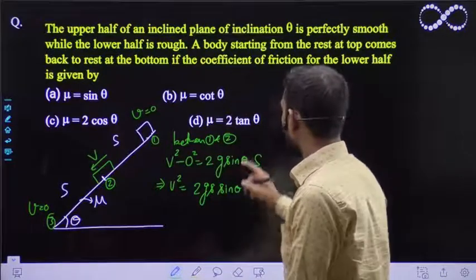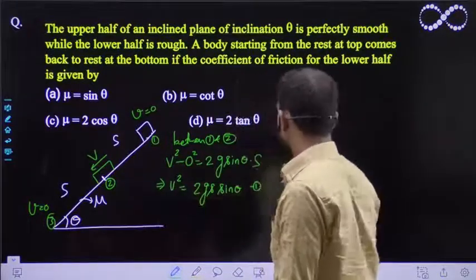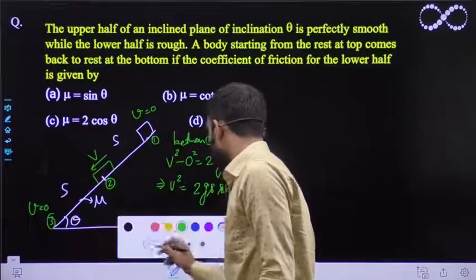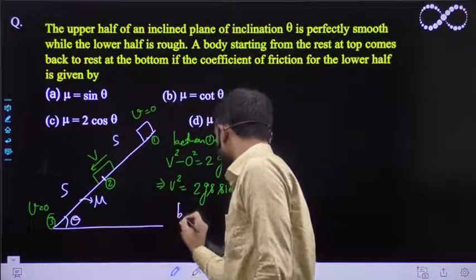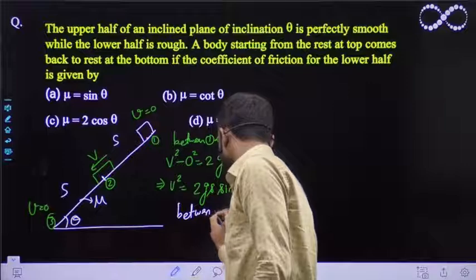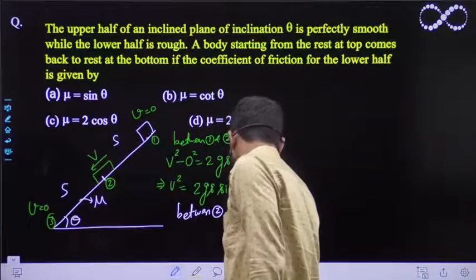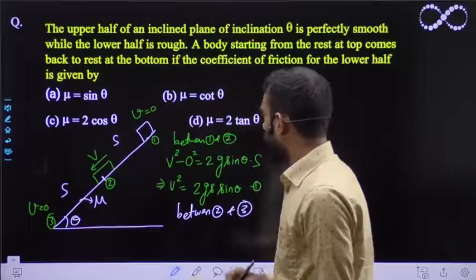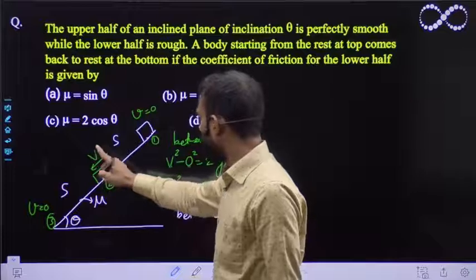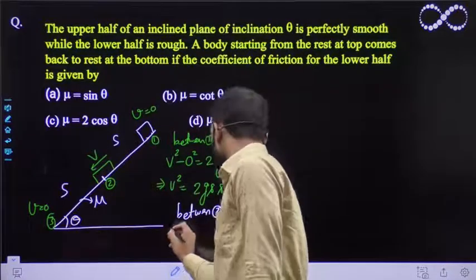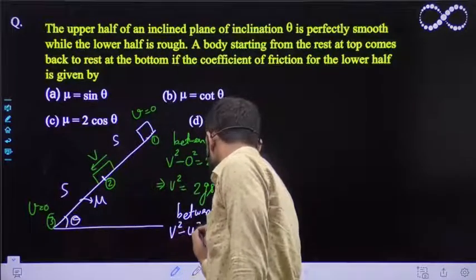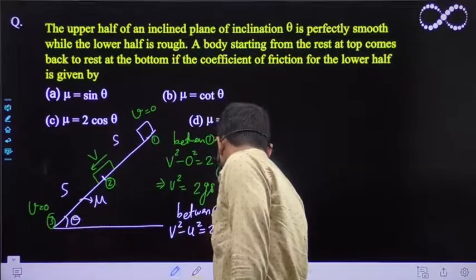Now I can write the equation between position 2 and 3 also. Once again, between 2 and 3 this v will become u. So I will write v square minus u square is equal to 2as.